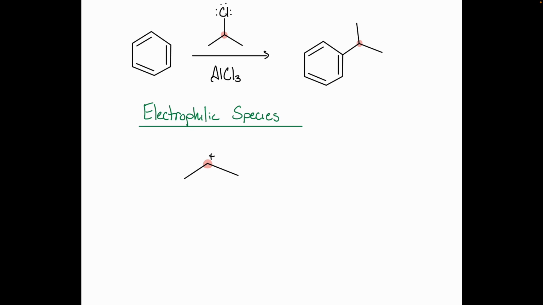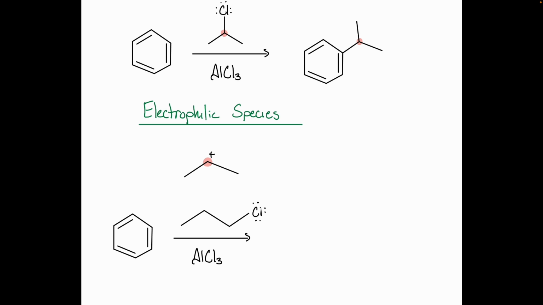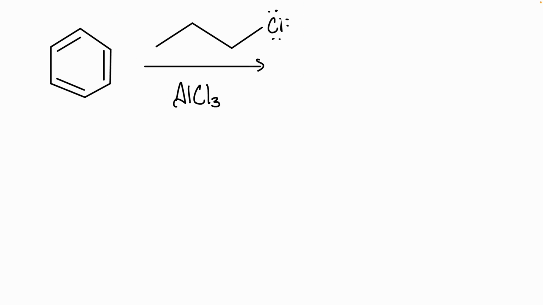All right, cool. Then we're going to do the same thing, but now instead of 2-chloropropane, we're going to pick 1-chloropropane. All right, and I want everybody to take a second and give me the product of this reaction.